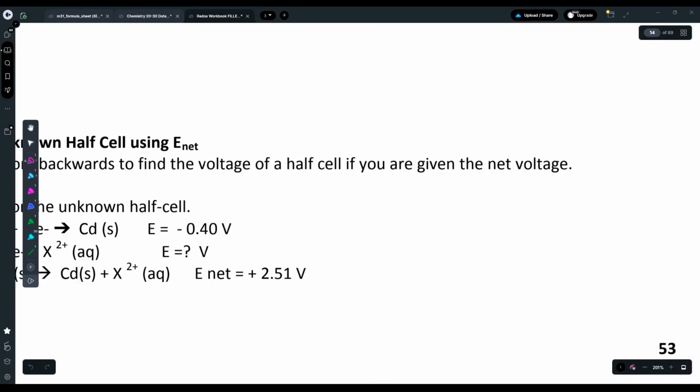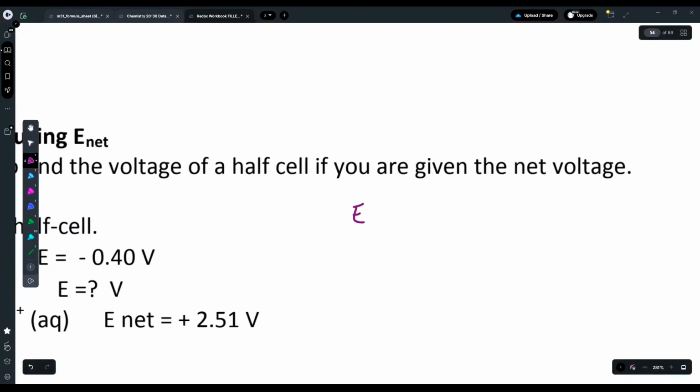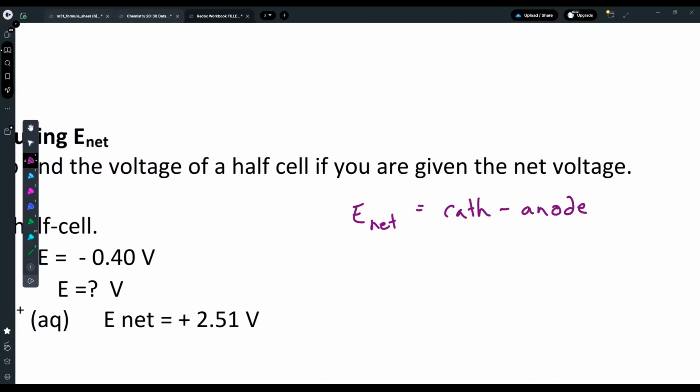So what I'm going to do to figure this out, it's nicer to use the formula version. Again, I like using cathode minus anode. If you really don't like that, you could also do SOA minus SRA, up to you. But I like this one.